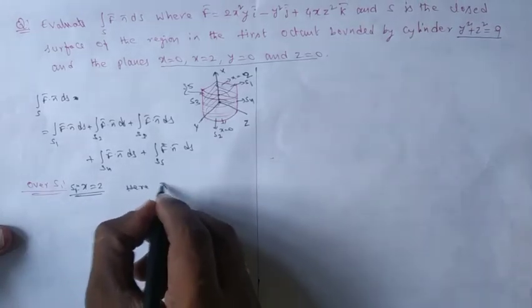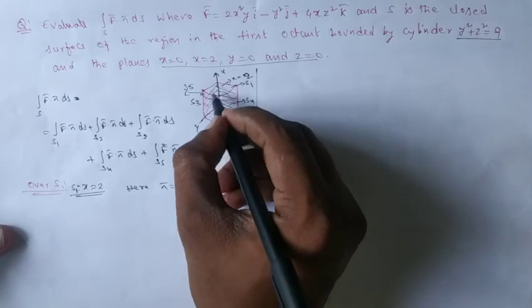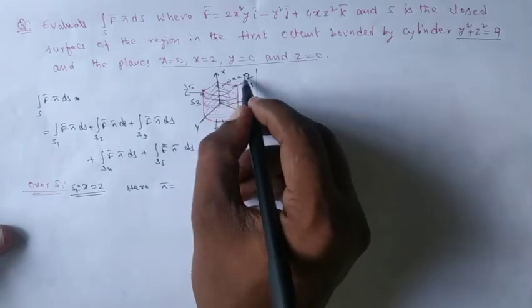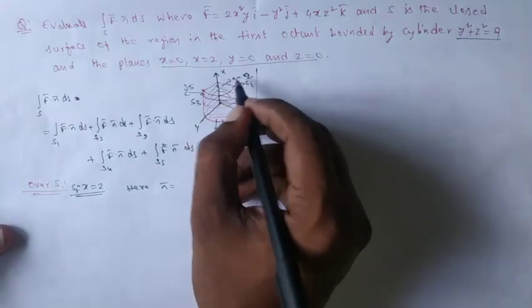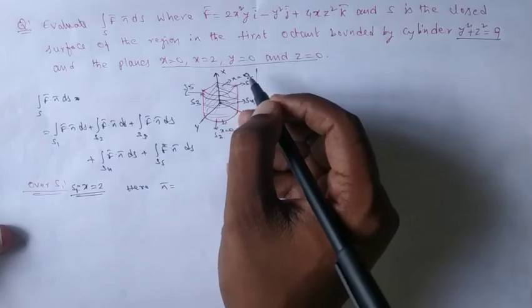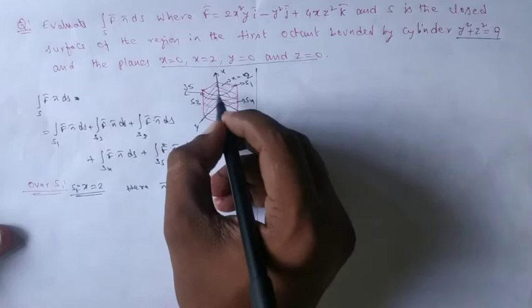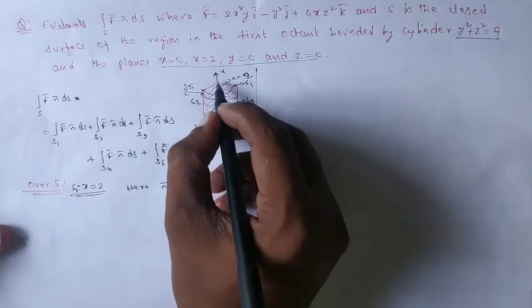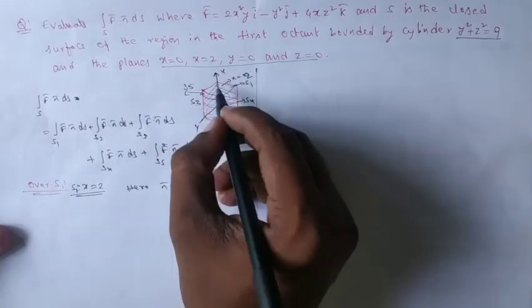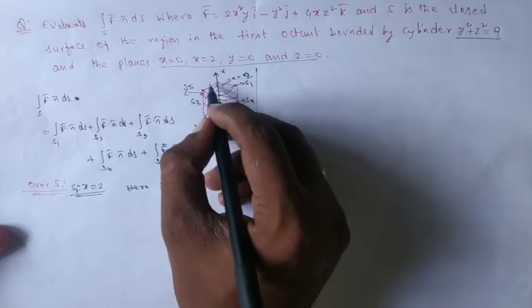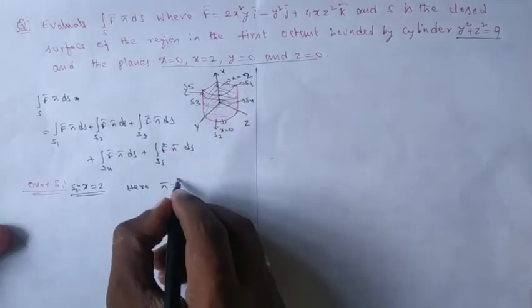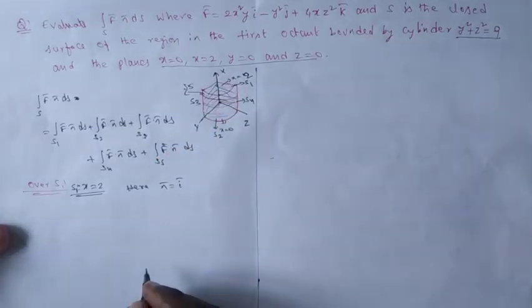Once you observe, n bar is the outward drawn unit normal to this surface. So once you take x equal to 2, whether you apply gradient of S1 by modulus of gradient of S1, you can get the same answer. What is the unit vector along the x-axis? That is i bar. This i bar is outward to the surface, so I can take n bar equal to i bar directly, isn't it?